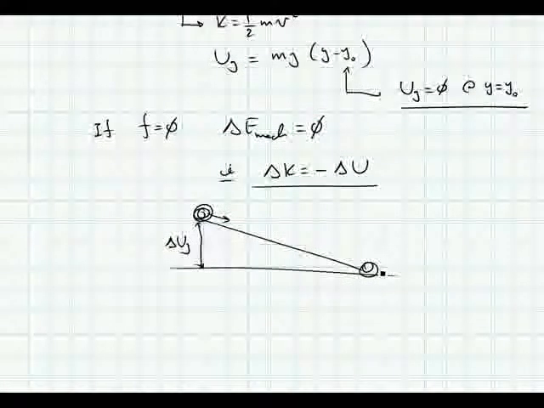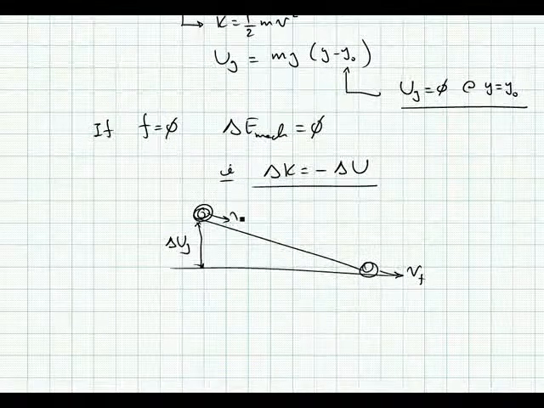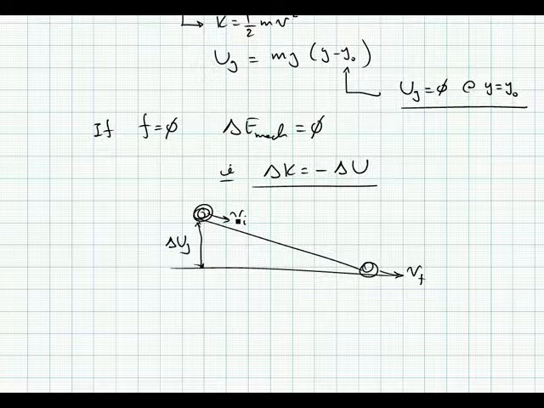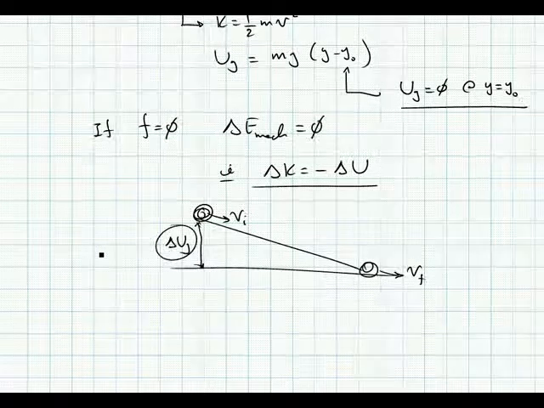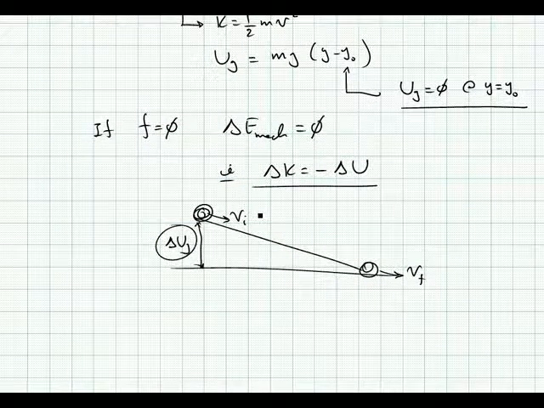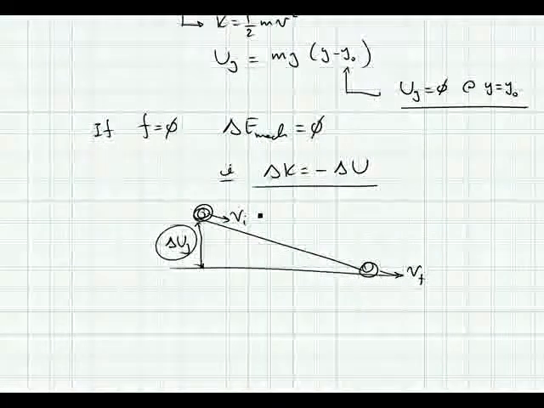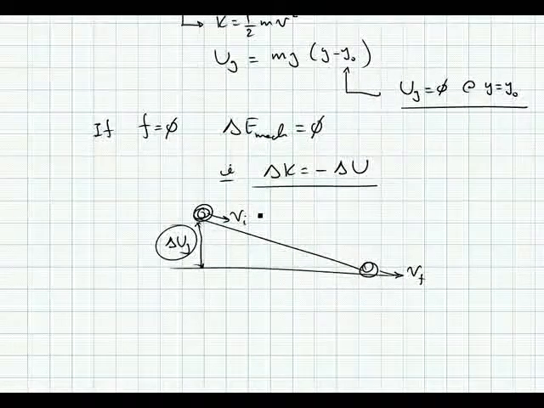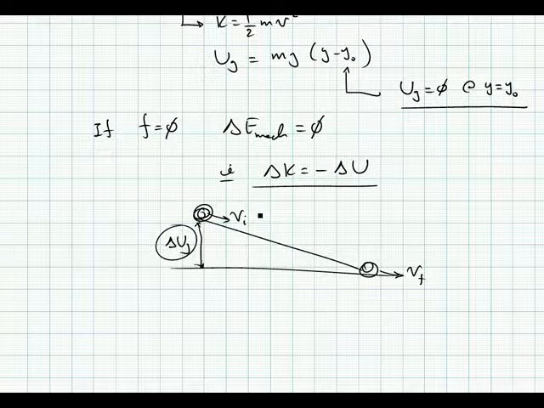The change in gravitational potential energy will equal the change in the kinetic energy, so knowing the initial speed, we can figure out the final speed.